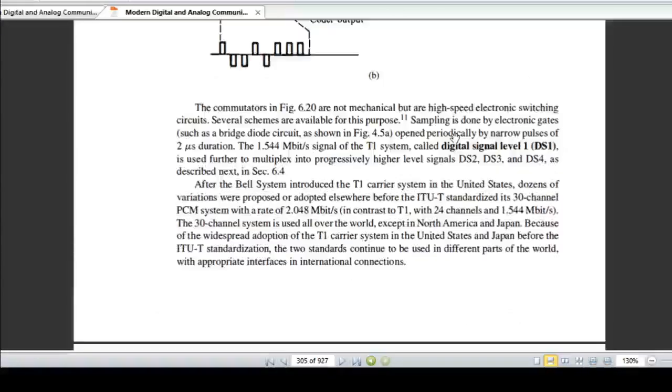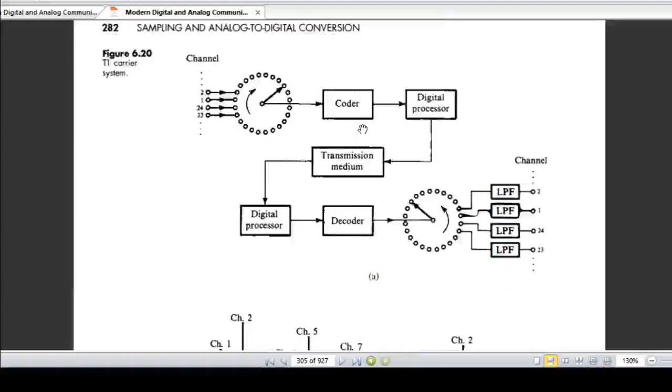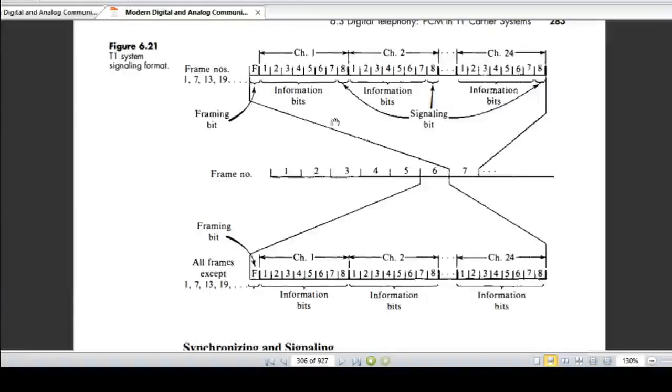Once again we'll see the T1 carrier system. It has 24 channels multiplexed by time division multiplexing, and each channel is band limited to 3.3 kilohertz. We are using 8000 samples per second and 8 bits per sample, which gives 24 into 8, so 192 bits will be the output of this coder. And one more bit we are adding for frame synchronization, that is called the F bit.